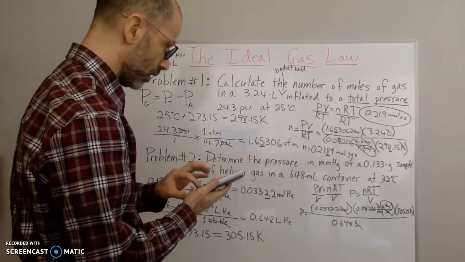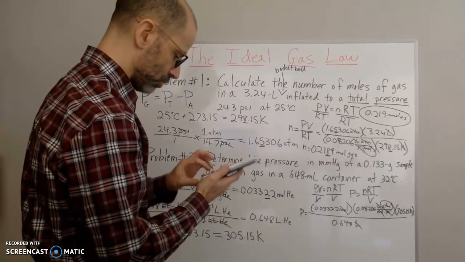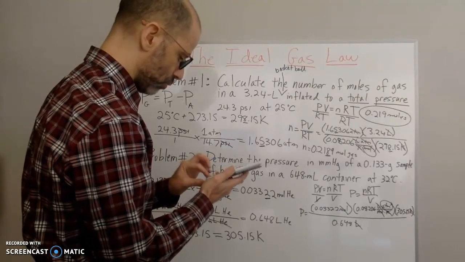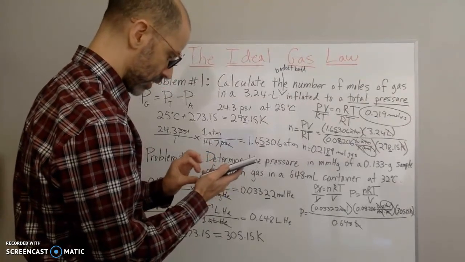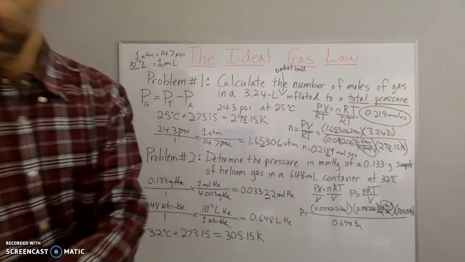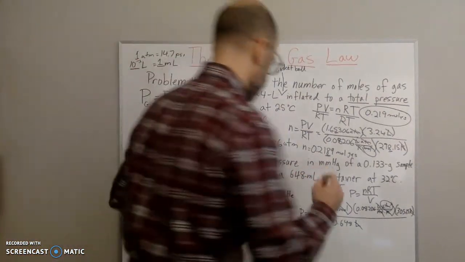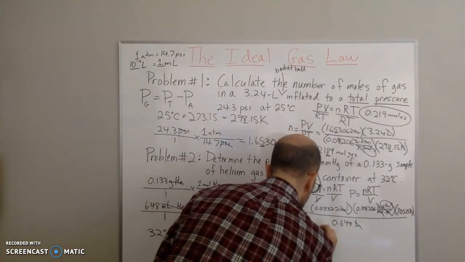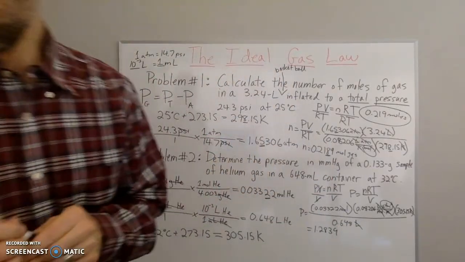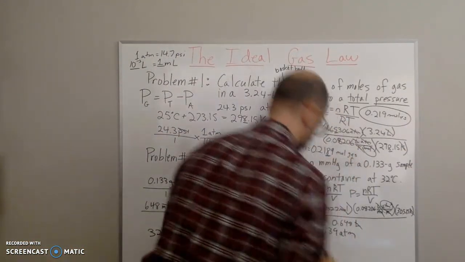So let's calculate that really quick. So moles times 0.08206 times 305.15 divided by 0.648 equals, and that's going to give me 1.2839, and that's going to be atmospheres, right?